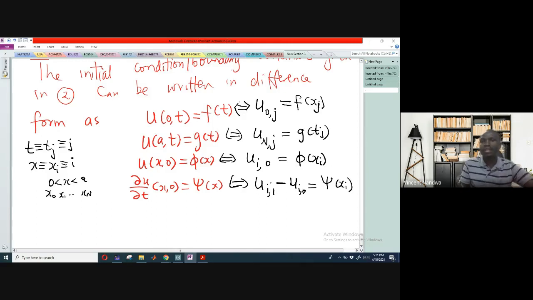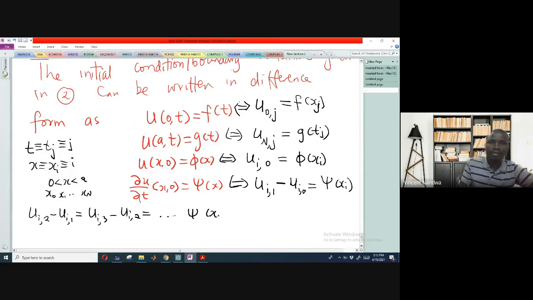Or you can say u i comma 2 minus u i comma 1 equals the difference of consecutive values of t, because this is differentiation with respect to t, remember, when you are carrying out partial derivative. You can likewise define it as u i 2 minus u i 1, the same thing as phi of xi. Call these ones equation 7.